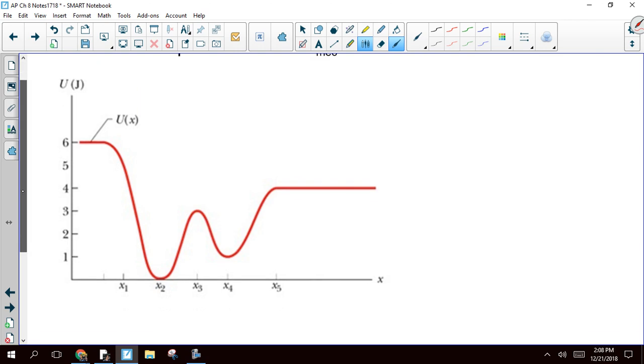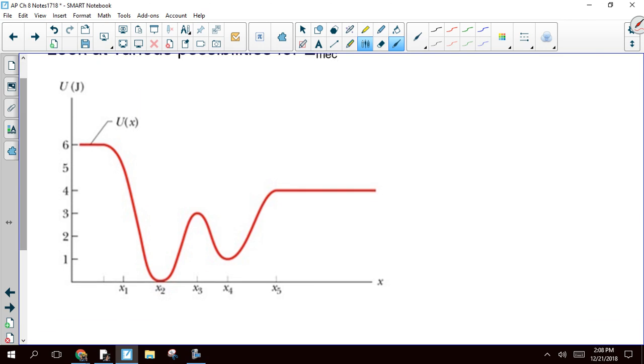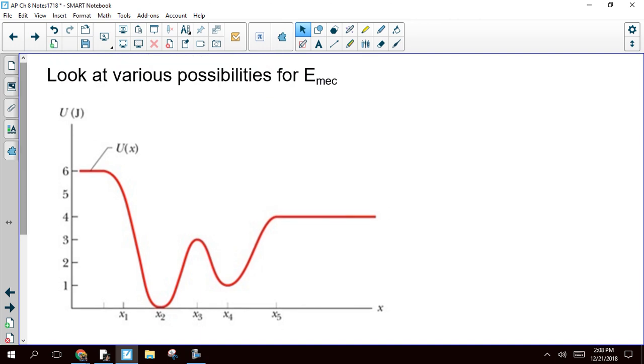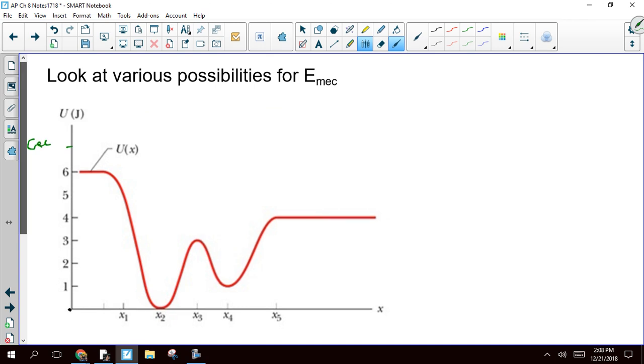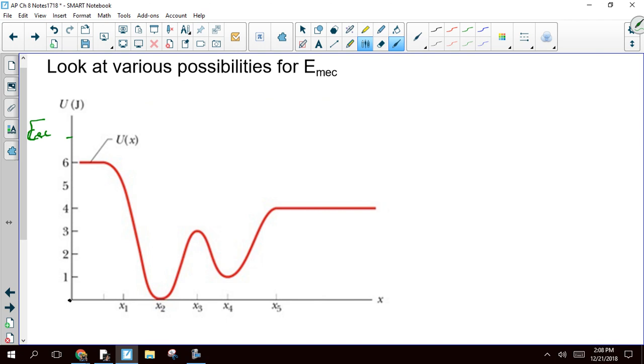Suppose I've got this mysterious potential energy. The idea is, if I somehow get my object to a position of 0, then it'll have 6 joules of potential energy. So let's suppose that our object somehow has a mechanical energy, E mechanical, of 7 joules.